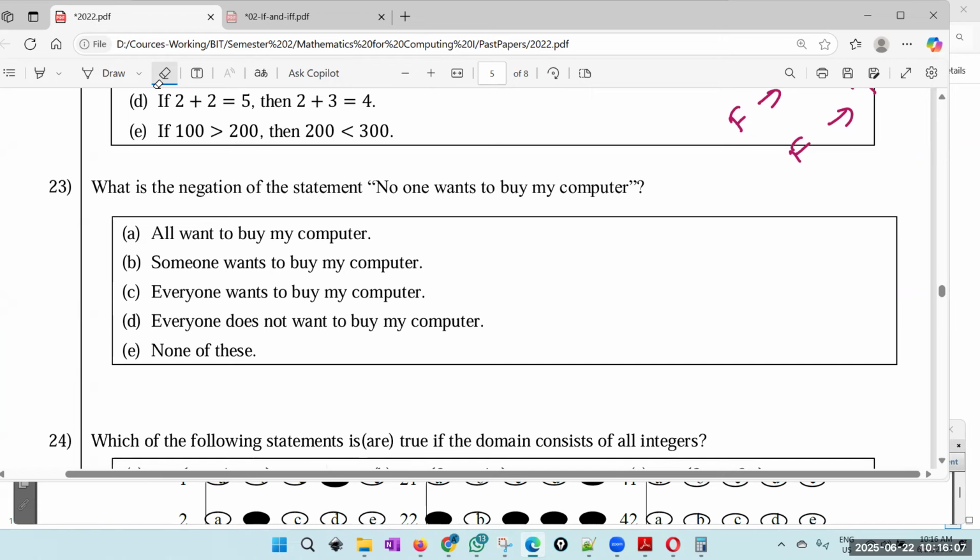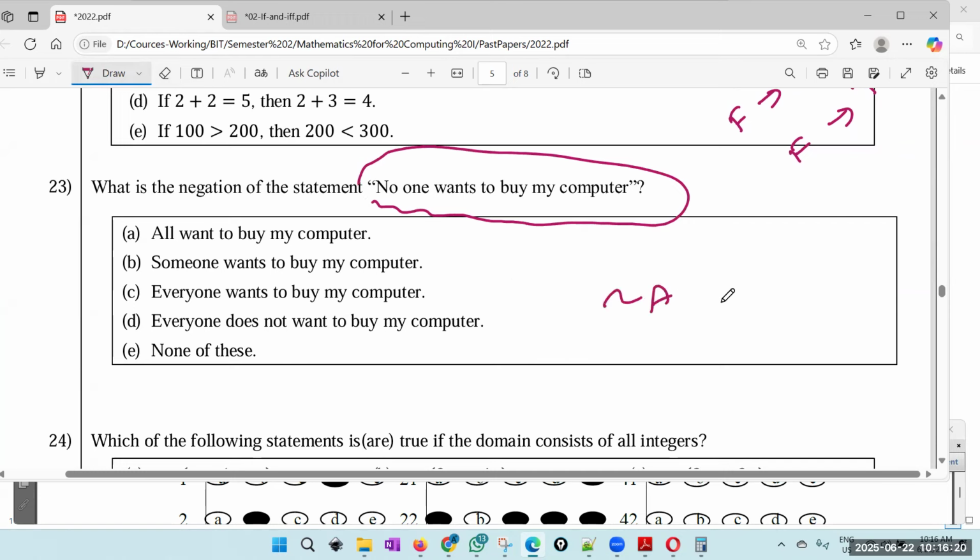What is the negation of the statement: no one wants to buy my computer? That is an interesting one, right?